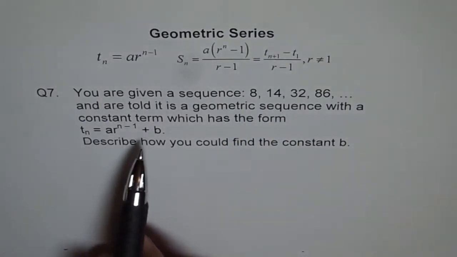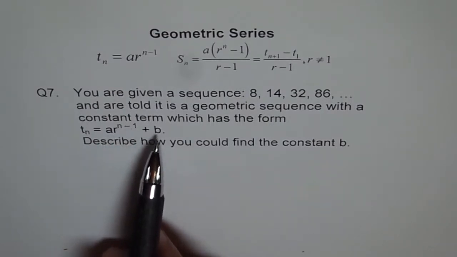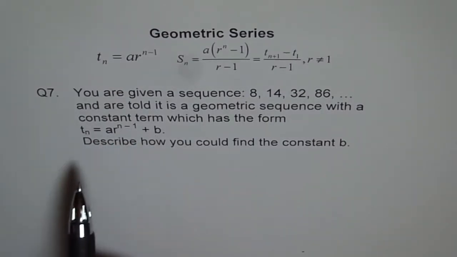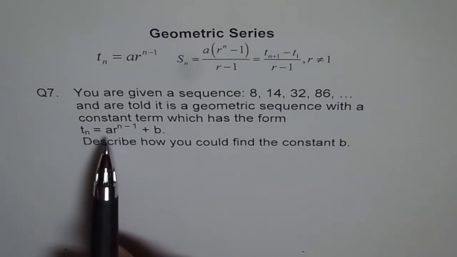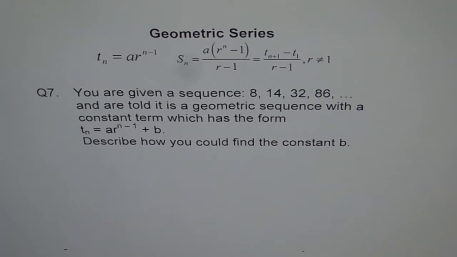If you see the formula Tn equals a r to the power of n minus 1 plus b, you will notice that there are three variables a, r and b. So if there are three variables, you definitely need three equations, correct, to solve such a problem.